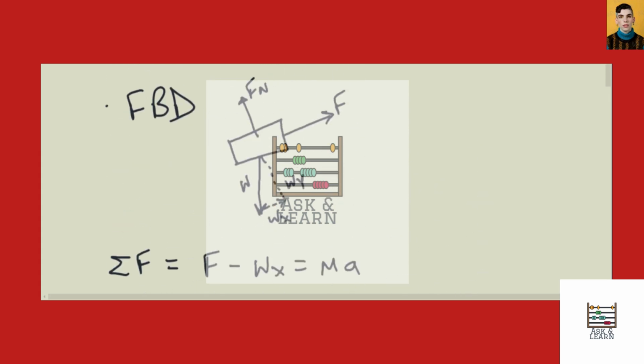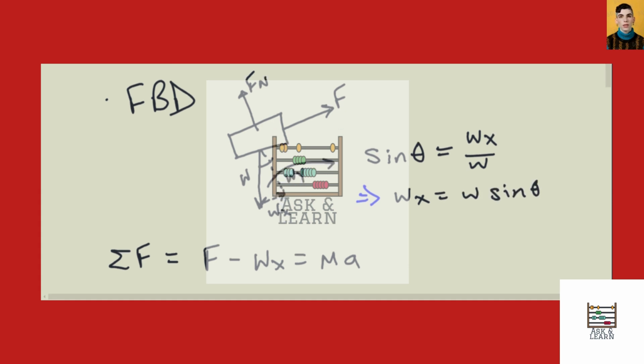And if we go back to the diagram, we can say sine theta, so this angle right here, is equal to Wx divided by W. So then for Wx, we get W, the weight of the car, times sine theta.